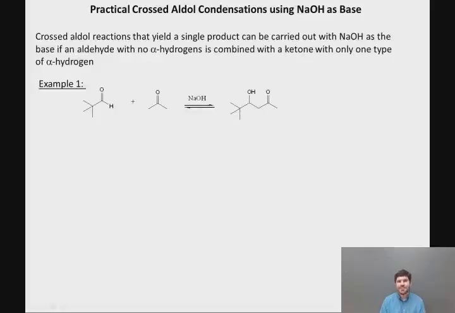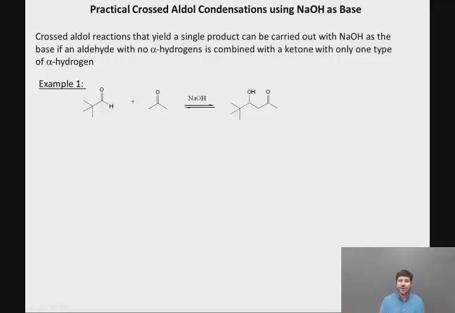In the first example here, we have an aldehyde with a tert-butyl group on one side, which means that it has no alpha hydrogens. Obviously, on the aldehyde side, there's no alpha hydrogens because there's no alpha carbon. We're going to react that together with acetone.